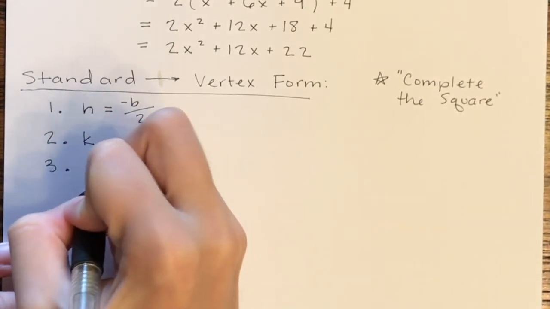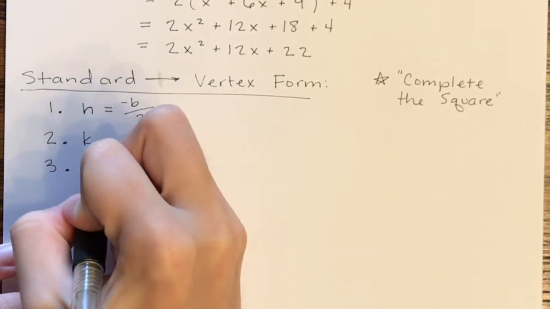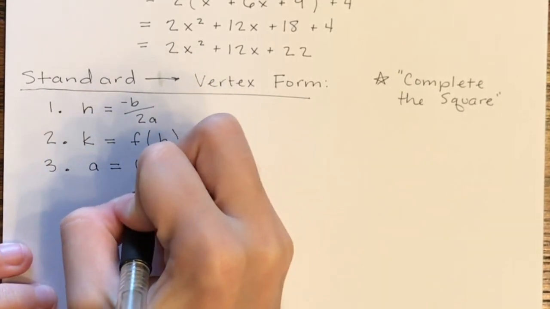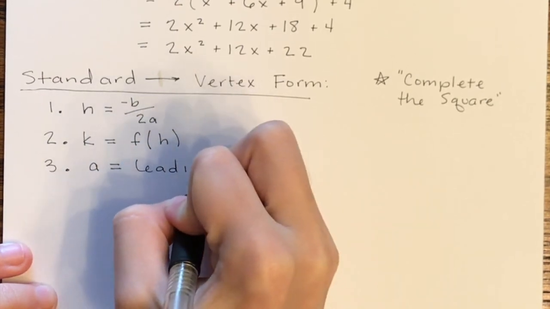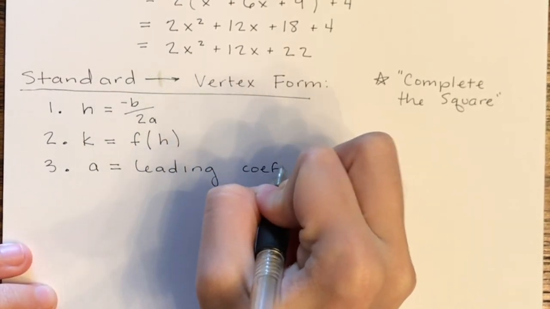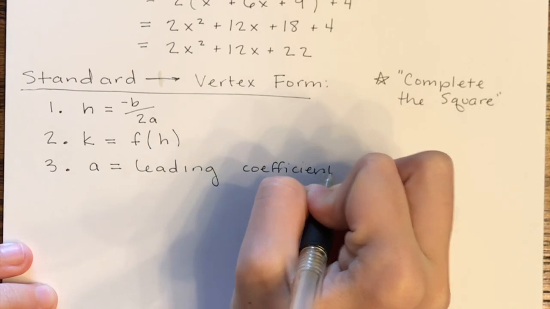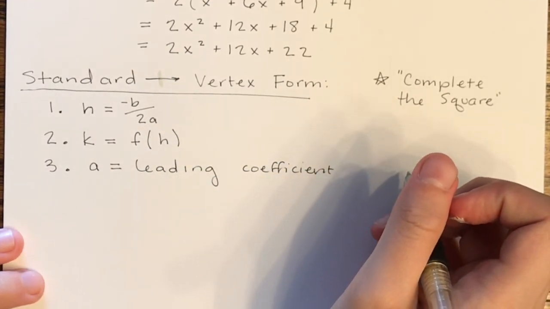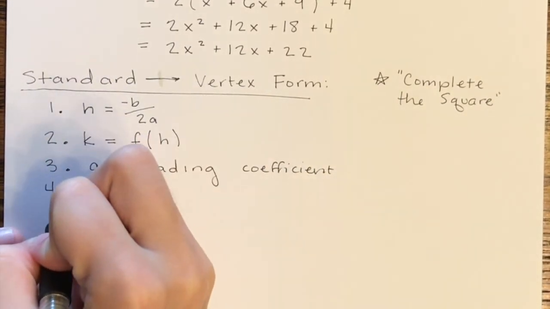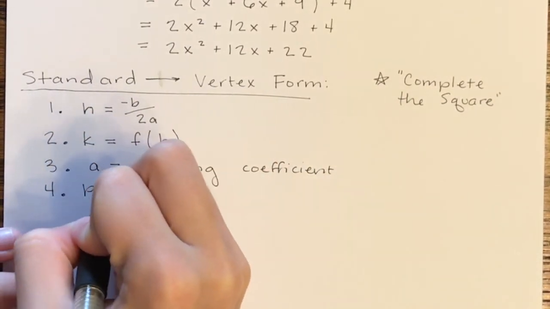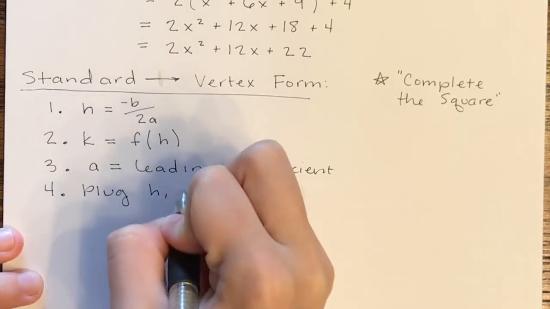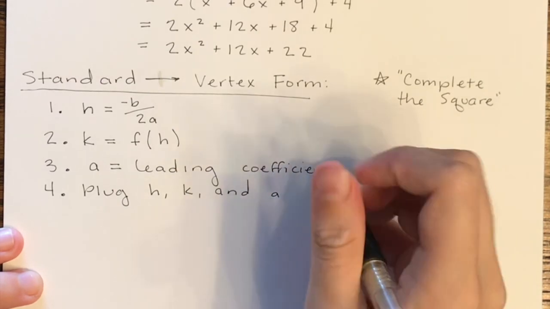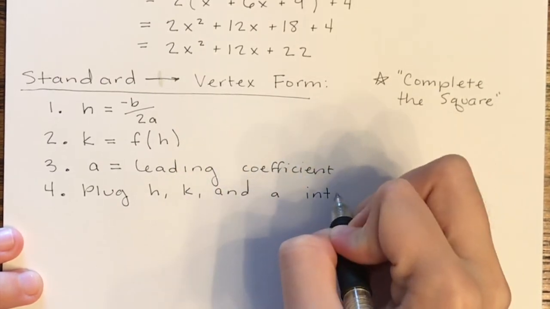All that's left is the leading coefficient, but remember that our leading coefficients are the same, so we can just pull a from standard form. So then we can take all of those h, k, and a into our vertex form.